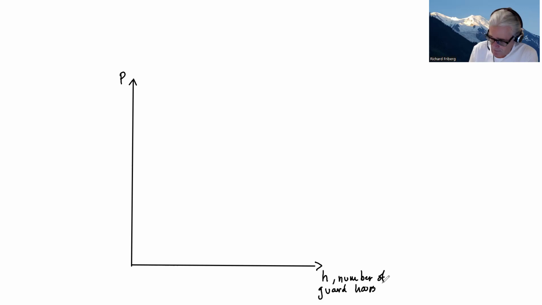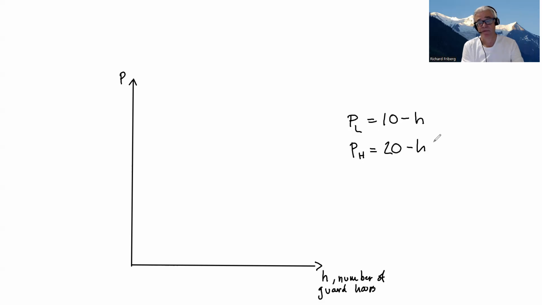They differ somewhat. The willingness to pay for the low firm is given by 10 intercept, and then minus H for additional guard hours, whereas firm H has a higher intercept, 20, but then there's still valuation on the margin of these guard hours.